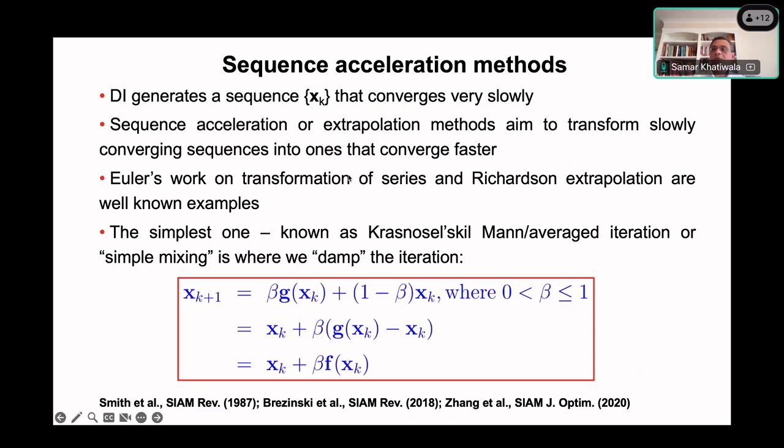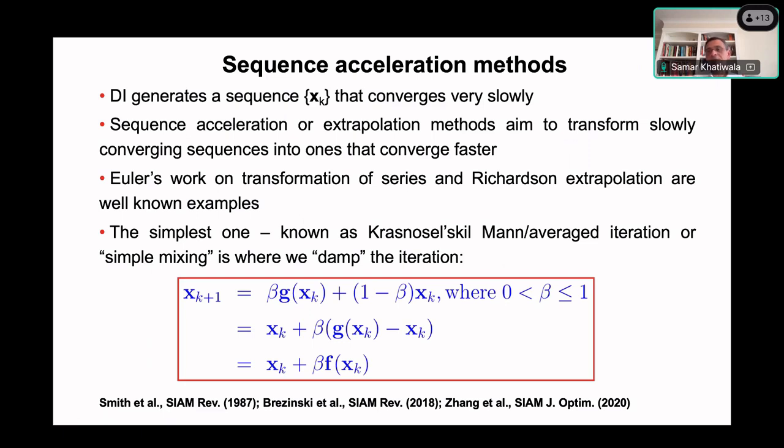You can take this idea further for vector sequences, which is essentially what a model is generating. One of the simplest ideas is what's called simple mixing, where you take a linear combination of two previous iterates. Depending on that linear combination, which is controlled by this parameter beta, called the damping parameter, you can get a new sequence that converges slightly faster.